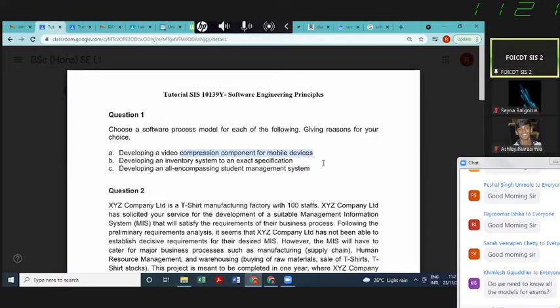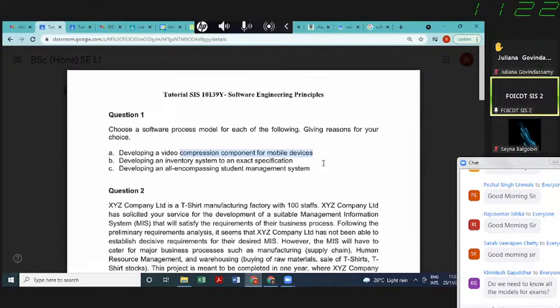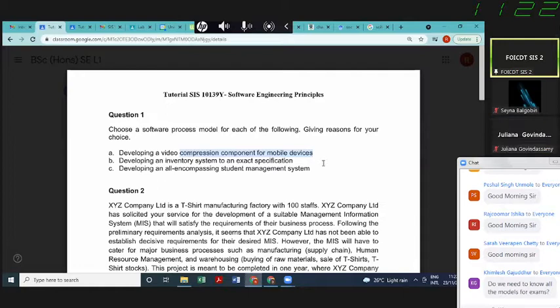The user is not really involved here. It's just a video compression component. Even when they're developing systems, we have what we call high-level software and low-level software. If you have to write a driver for a printer, or write an operating system, or, as in part A, write a video compression component for mobile devices.